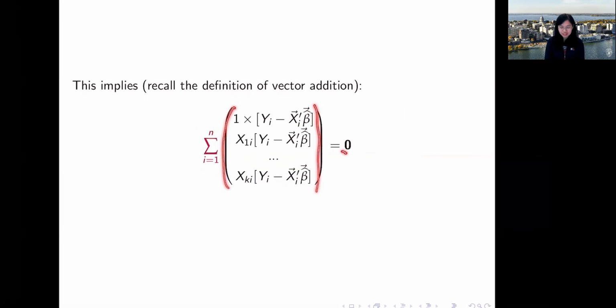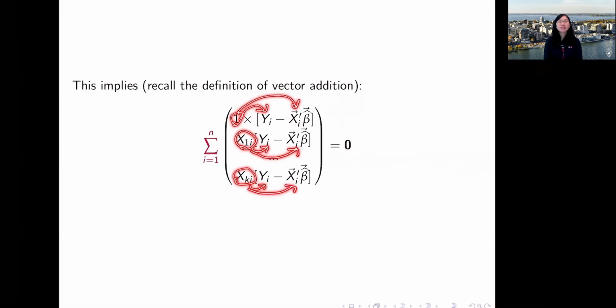What we're going to do next is to multiply this 1 to yi and to this x vector prime beta hat vector, just to multiply it inside, and multiply the x1i also inside, and do this for all of these elements in this k plus 1 vector.